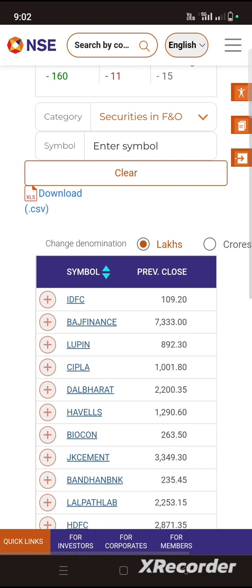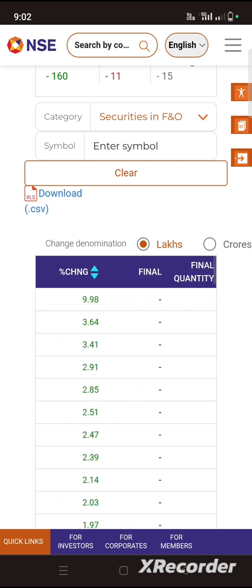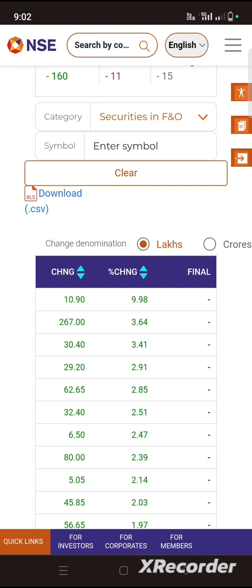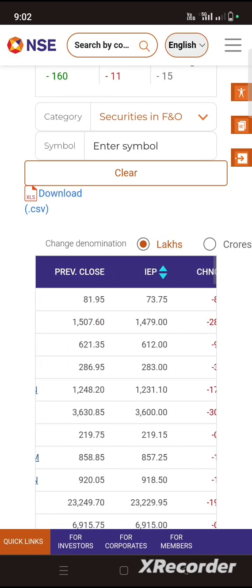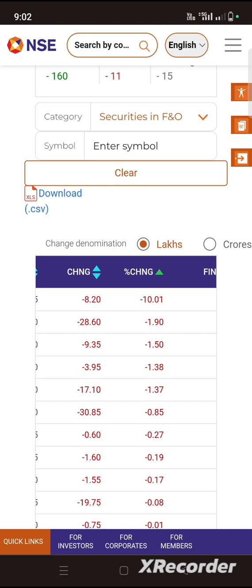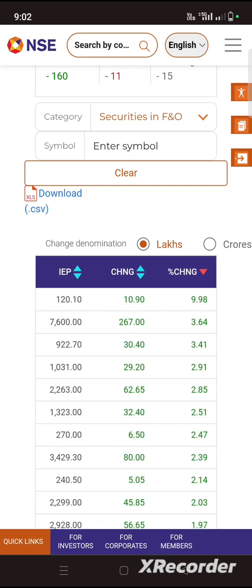Here if you see, IDFC Bank is up almost 10%. If we select the up arrow, I'll get the top losers. Here I get the top gainers. Likewise it gets changed.